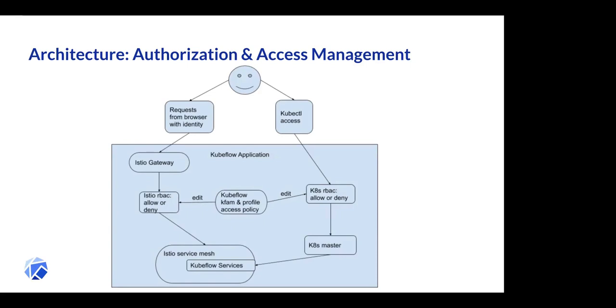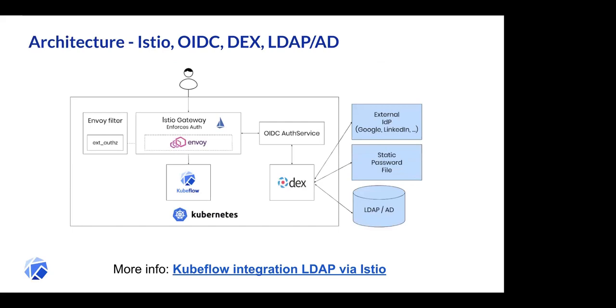If it's a kubectl access, the access goes directly through Kubernetes RBAC and finally reaches the Kubernetes masters, which will consume the Kubernetes RBAC policies and allow or deny the access to Kubeflow services directly. Can go to the next slide. This one's on-prem architecture. I will hand back to Yannis.